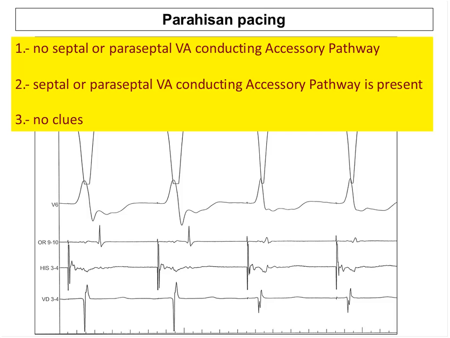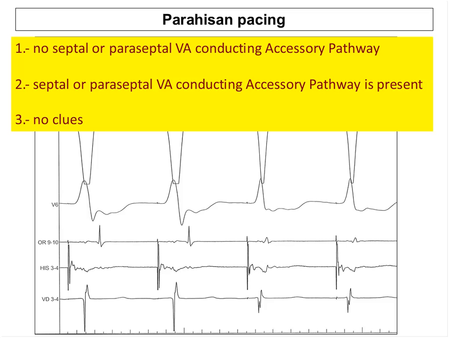Or number two, there is in fact a septal or paraseptal VA conducting accessory pathway? Or you think that this tracing provides really no clues as to the presence or absence of a septal or paraseptal accessory pathway? Can you please vote in relation to this question?